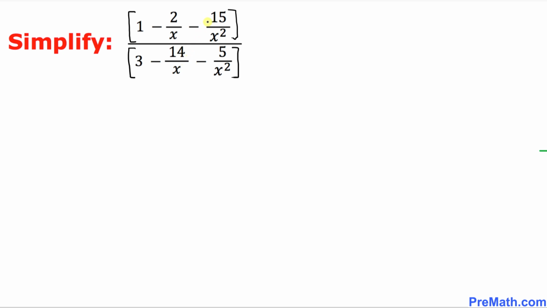Our next step is to make sure that we remove these fractions. In order to remove these fractions, let's focus on the top part. We can see that our denominators are x squared and x. So our least common denominator, or sometimes we call it least common multiple, of this top part turns out to be x squared.